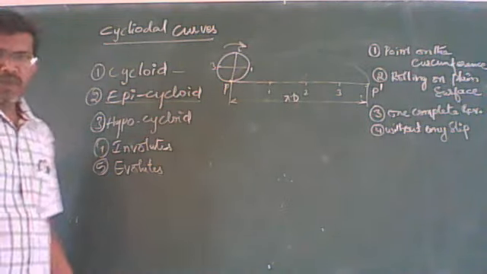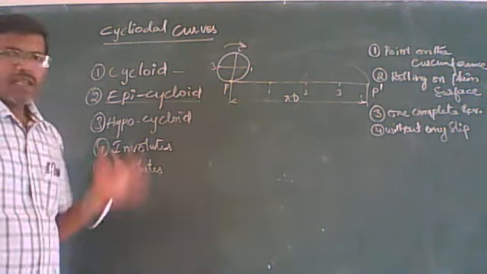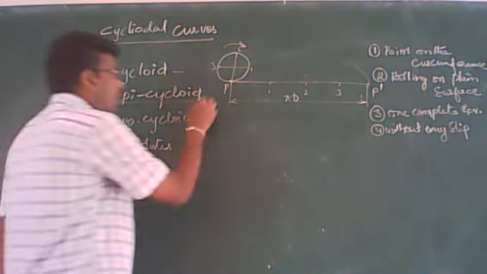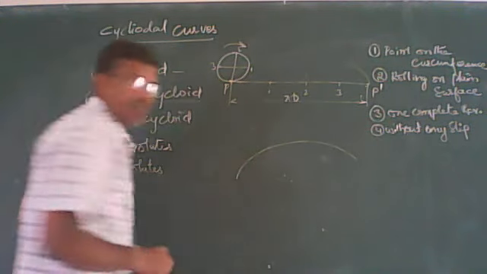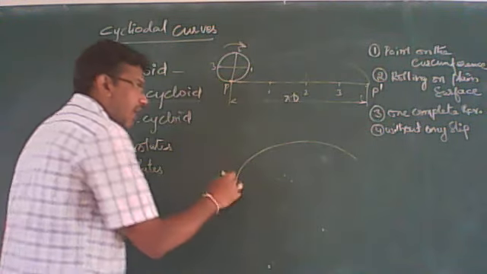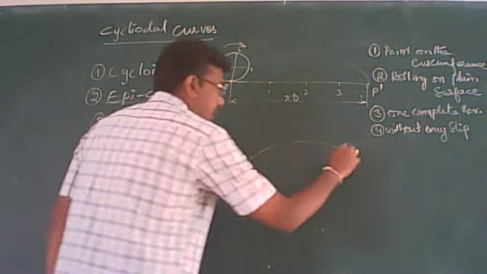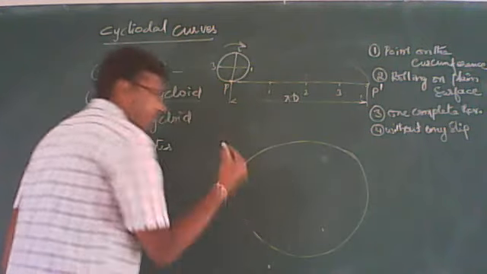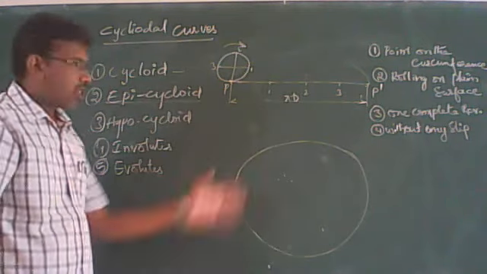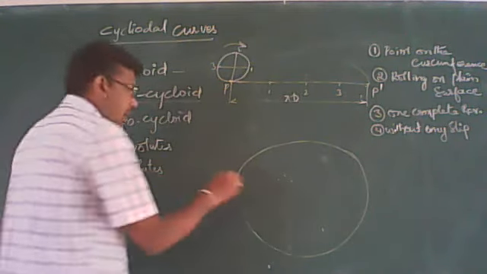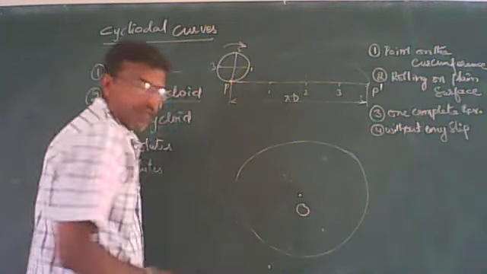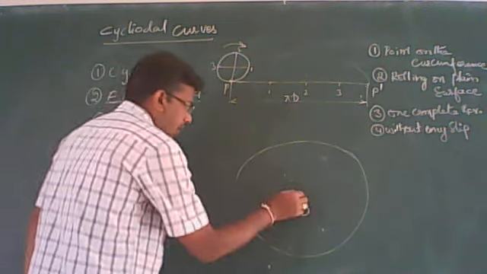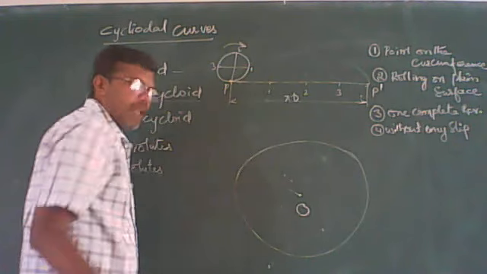So what is an epicycloid? Epicycloid is nothing but when a curve is formed on the outer surface of the bigger circle. So this is a bigger circle, and let me take this center point as O, and I will draw another line here at any place.